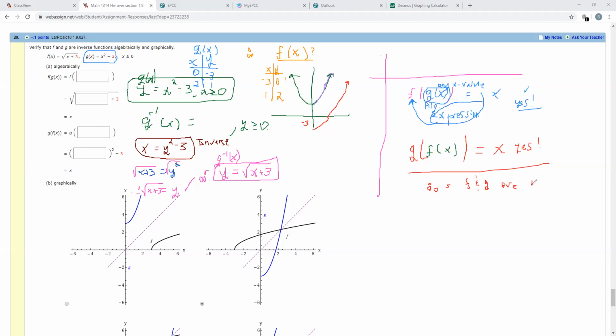Another way to say that, you can say g is the inverse of f, or f is the inverse of g, or you can just say they are inverses of each other.